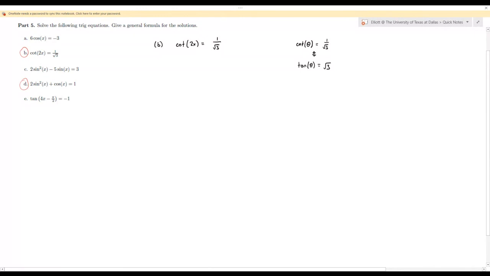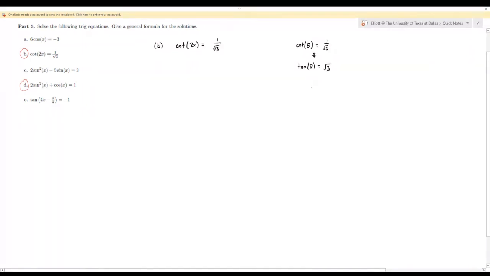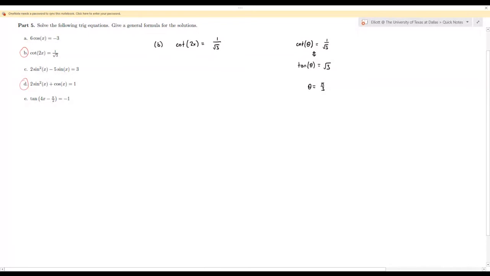Now, tangent of theta is equal to root 3 at an angle of pi over 3. So this is an angle in the first quadrant, but I know the tangent is also positive in the third quadrant.